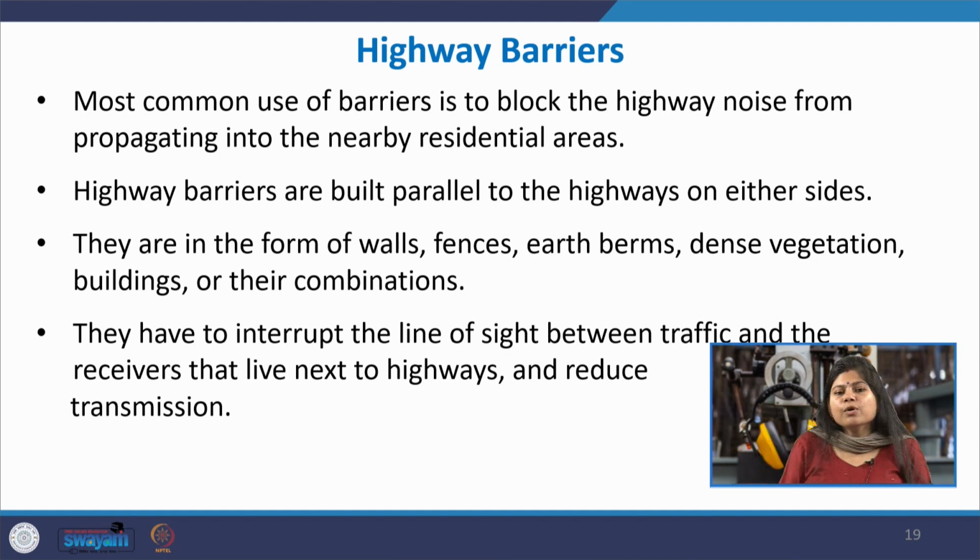Now, one of the most common applications of outdoor barriers is on highways, where they are installed next to the highways to block the sounds from propagating further into the nearby market areas and the residential areas.